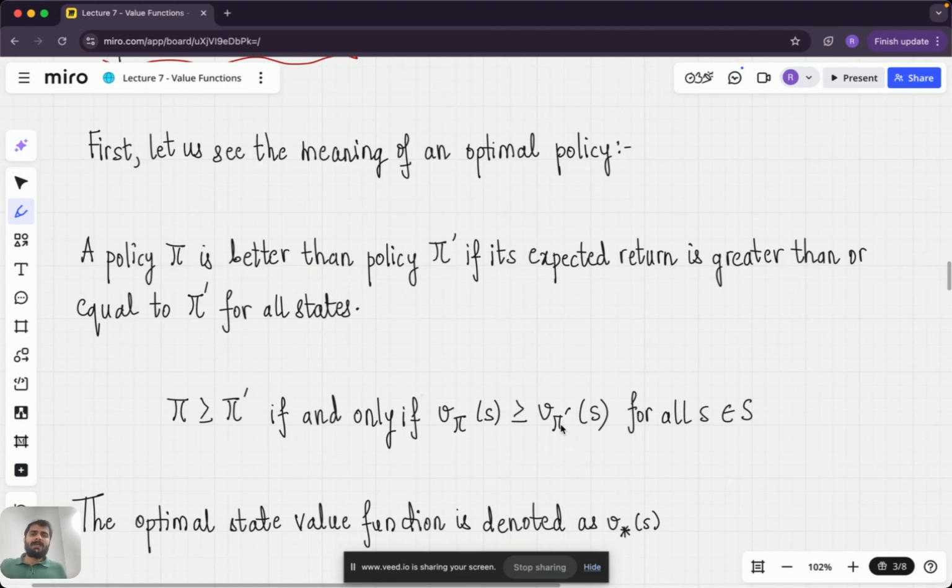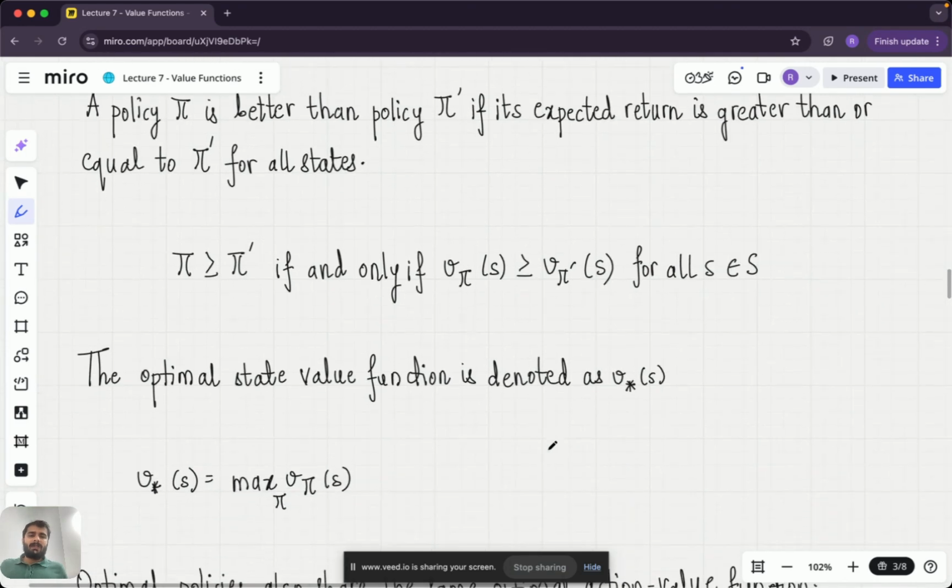But if you come to me and say that Rajat, I have got a policy which gives me higher values for all the possible states which the agent encounters, then I will replace my policy with your policy because your policy is better than my policy.